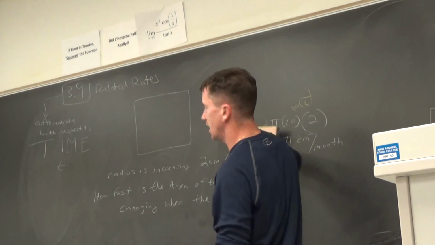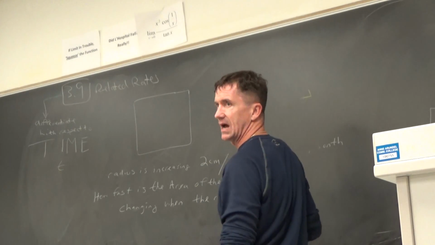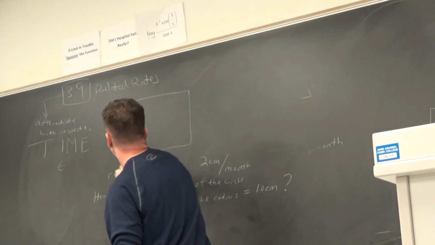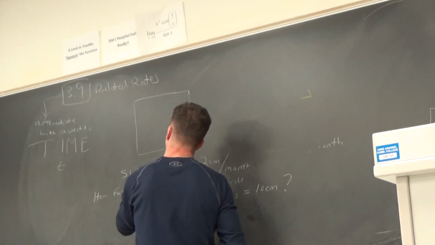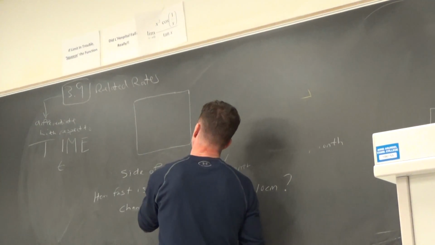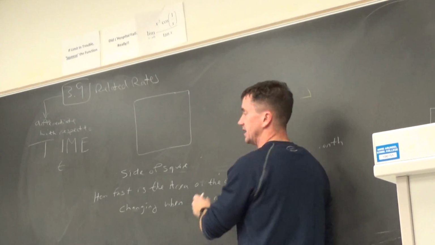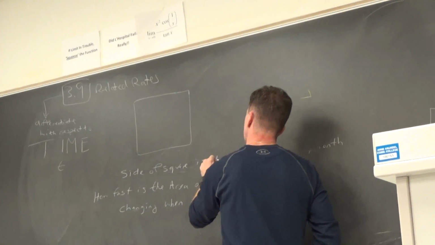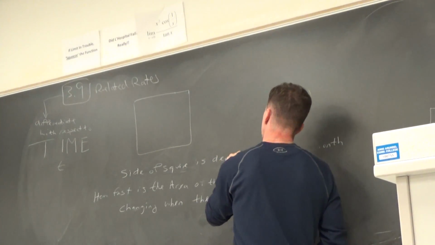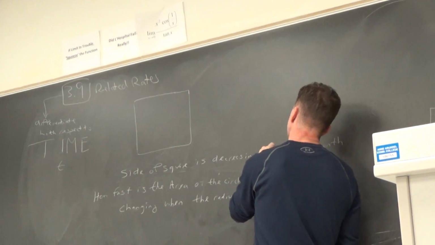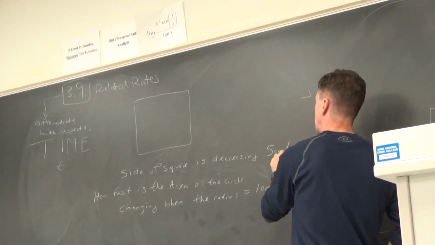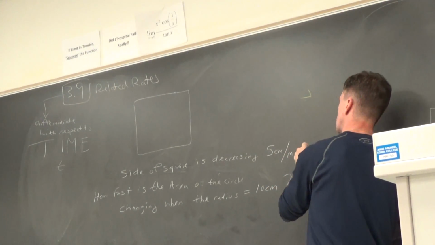All right, this is a square, and this time, let's say the side of the square is decreasing 5 centimeters this time, everyone, per minute.